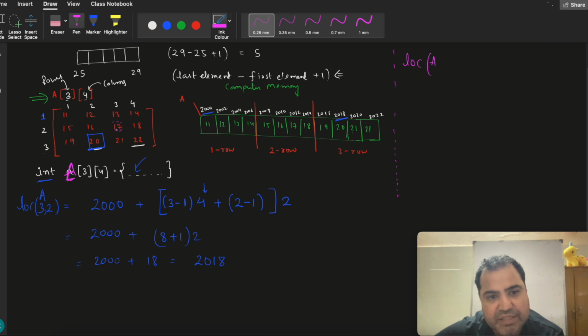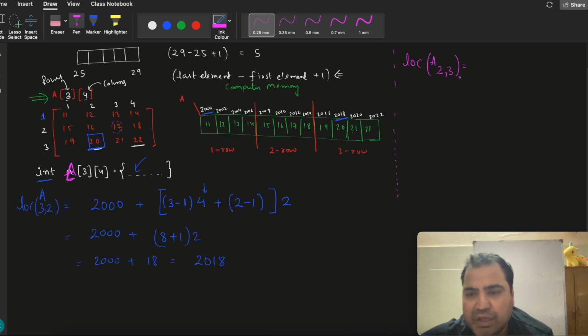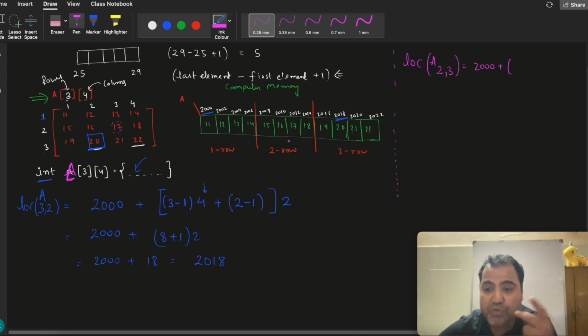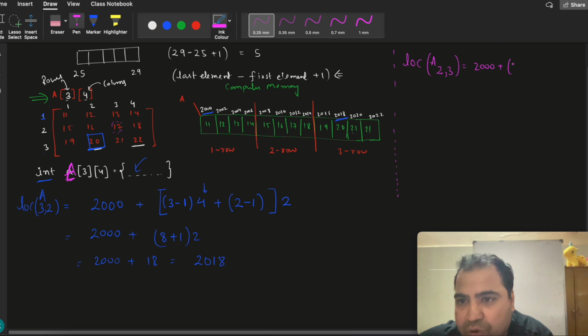It is at second row, third column. So now quickly write the base address, 2000. Second row, so the number of rows I have to skip to reach the second one is 2 minus 1.